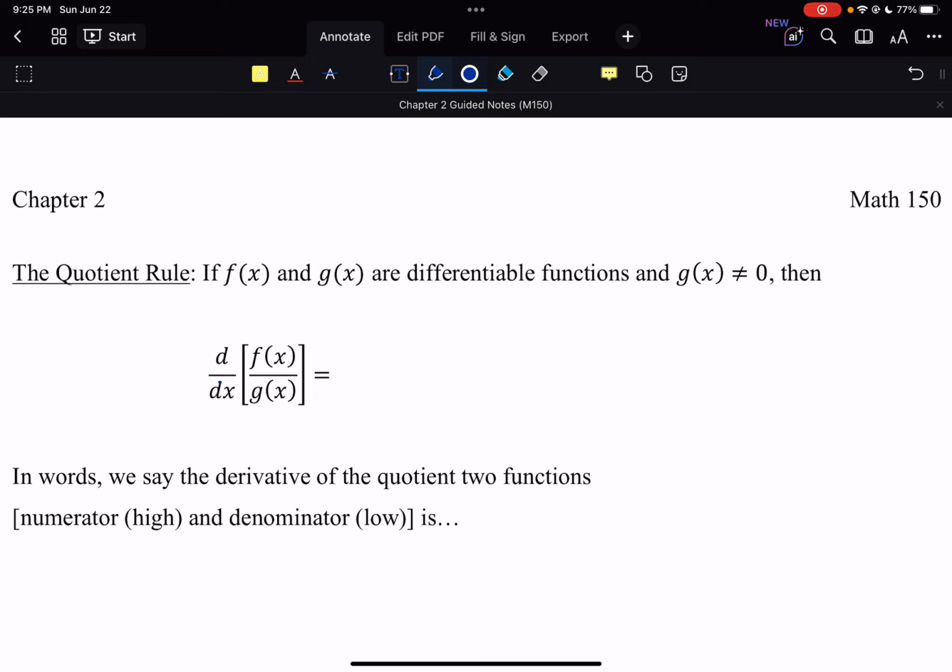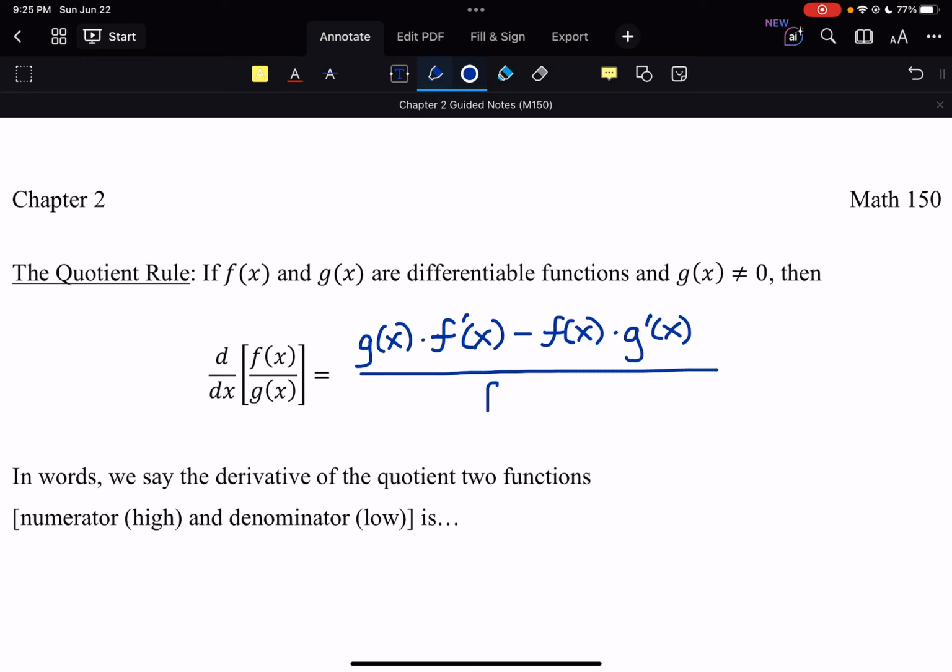If you have the derivative with respect to x of f over g, this is going to be g of x times f prime of x minus f of x times g prime of x all over g of x squared. So we have g times f prime minus f times g prime all over g squared.